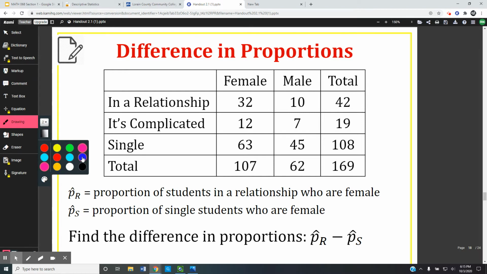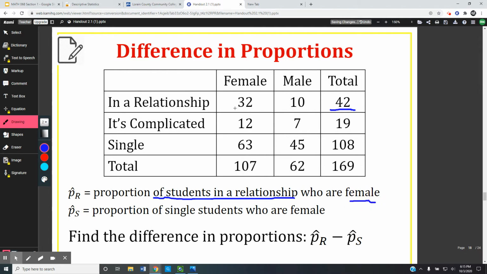And let's grab a color here. So let's do this first one. We're looking for the proportion of students in a relationship. Well, when I look at students who are actually in a relationship, that's 42 students. And of those, how many of them are actually female?